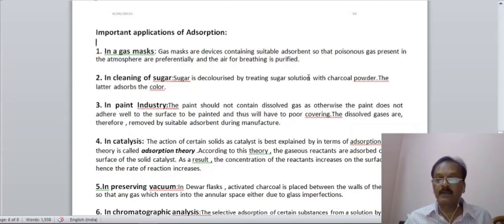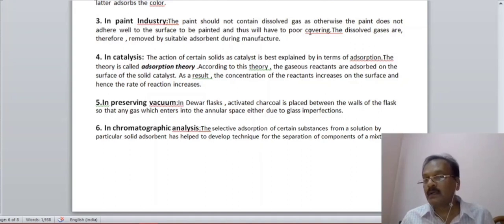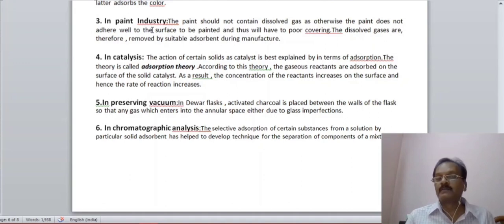The third is in the paint industry. This is very important. The paint should not contain dissolved gas, as otherwise the paint does not adhere well to the surface to be painted, and will have poor covering. The dissolved gases are therefore removed by a suitable adsorbent during manufacture. Means every paint contains a suitable adsorbent.